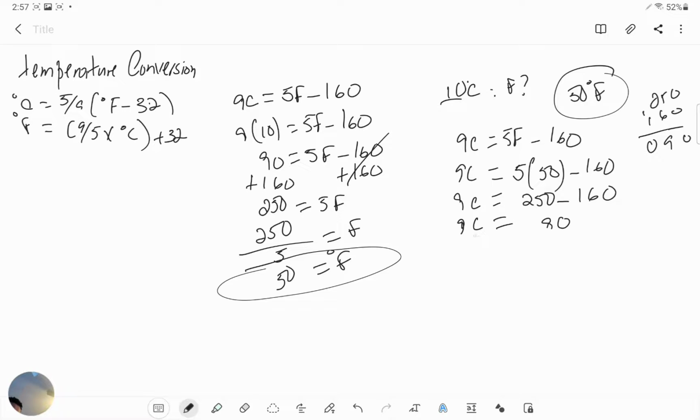So 9C equals 90. Now the goal is to get C by itself. C will be 90 divided by 9, so C is 10. So the answer is 10. That's how you see the formula is good, because we reversed it and we have 10.